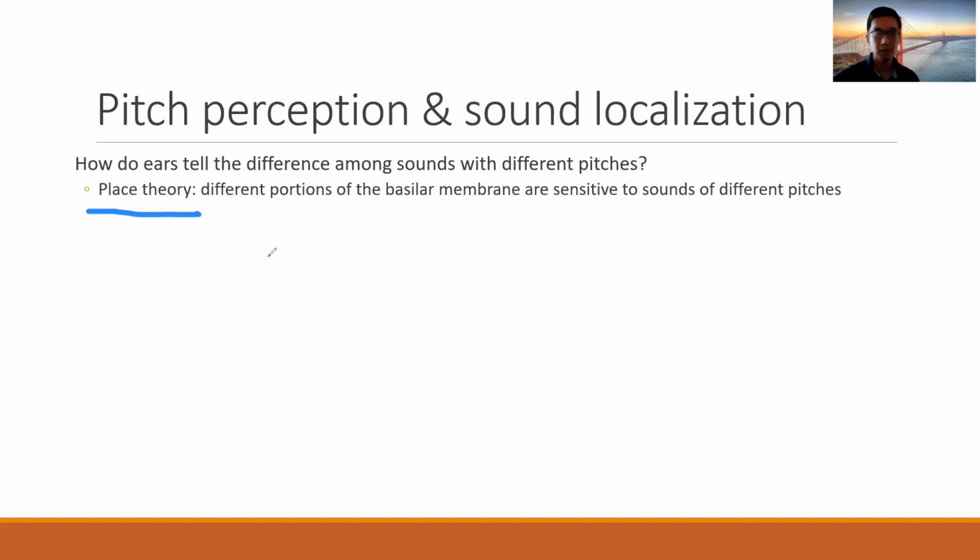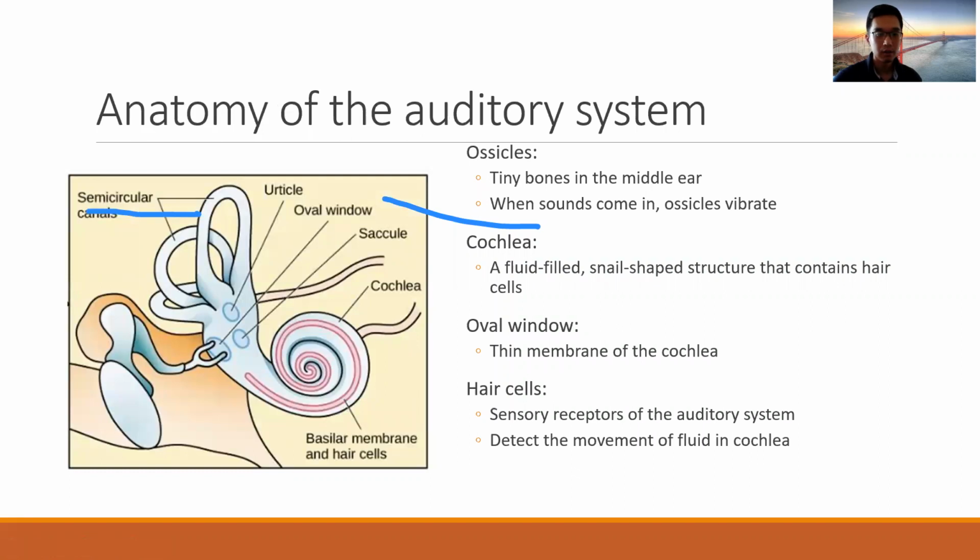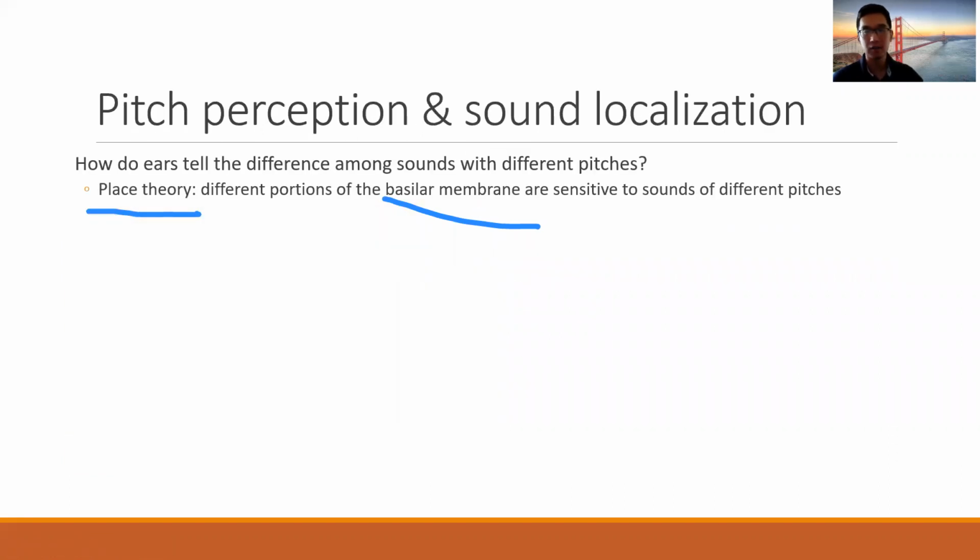The basilar membrane is the inner surface of the cochlea. So, basilar membrane and hair cells. The basilar membrane is just the inner surface of the cochlea.